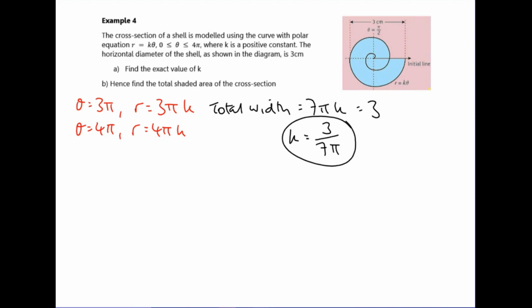So if I split this up into 2 halves, this one's at 2 pi, this one's at 3 pi, this one's at 4 pi. What I want to do is find this top half by integrating between 2 pi and 3 pi, and this bottom part by integrating between 3 pi and 4 pi. So I should just be able to integrate between 2 pi and 4 pi. Otherwise I'd get some extra overlapping bits.